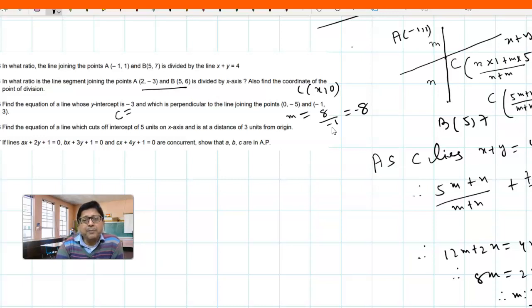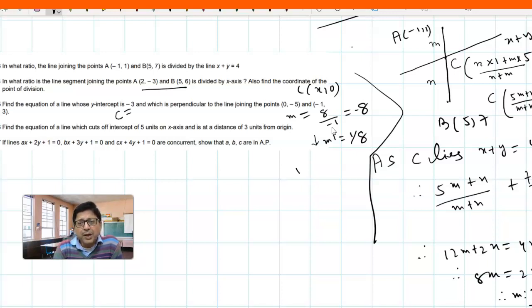And this perpendicular line has slope what? 1 by 8. So the equation of the required line is going to be y equal to mx plus c. C is -3, they have given.